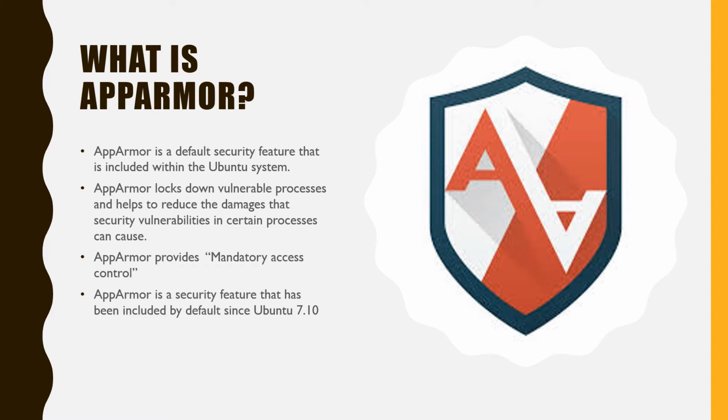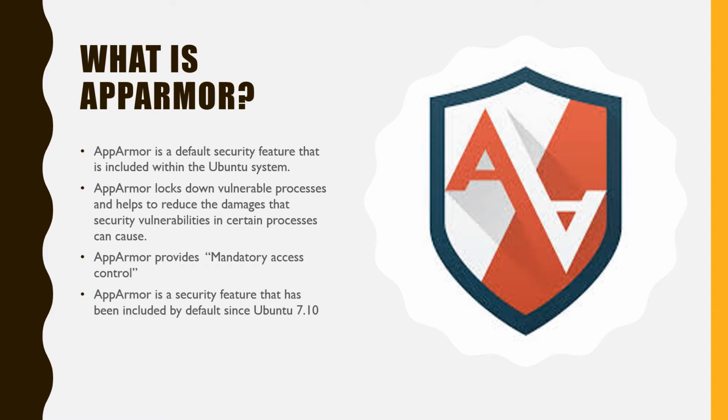Something else that's kind of interesting: AppArmor is a quote-unquote mandatory access control system. If you don't know what mandatory access control is, it refers to a type of system where the operating system constrains the ability of a subject or initiator to access or perform some sort of operation on an object or target.